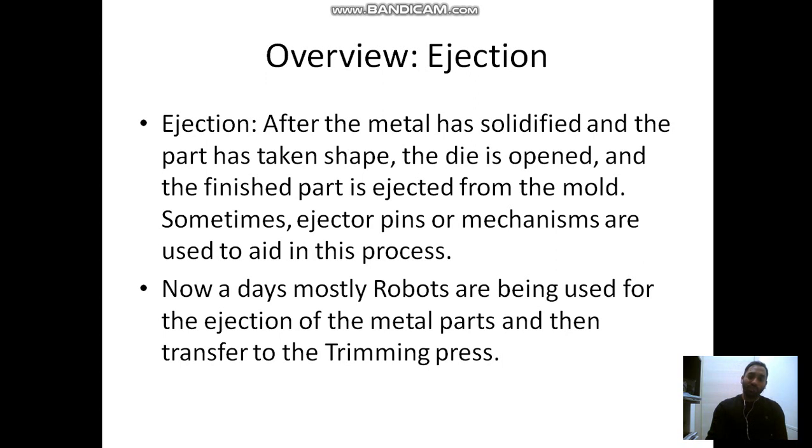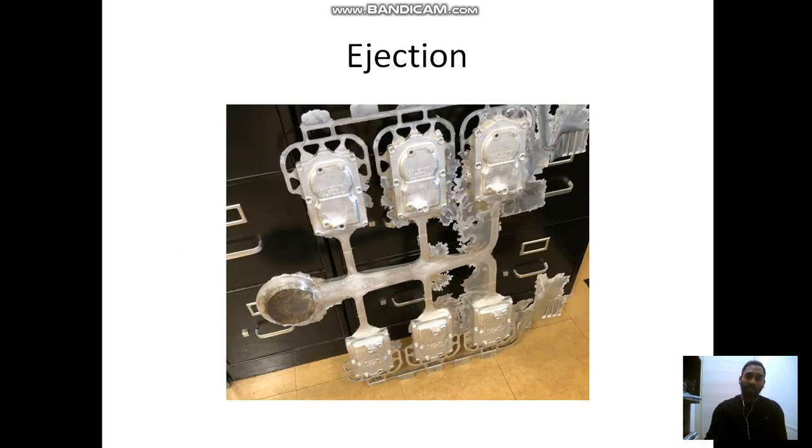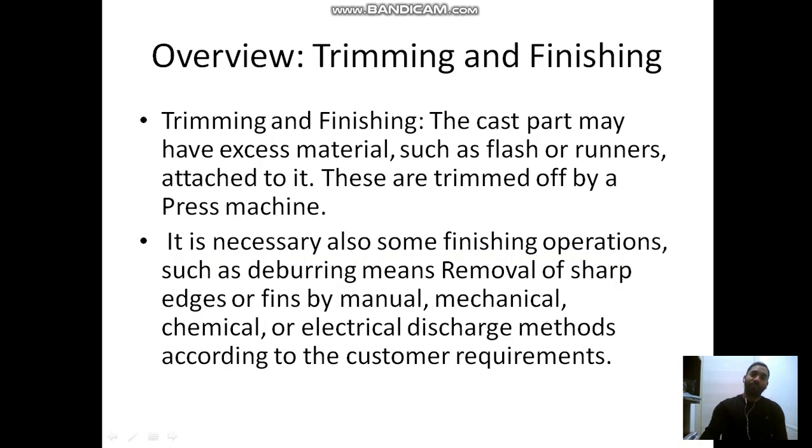But nowadays mostly we use robots for the ejection of the metal parts and transfer of the component to the trimming press. We can see a component which, after being ejected, is actually the part we require, but we also have some overflow parts which will be trimmed in the trimming press.